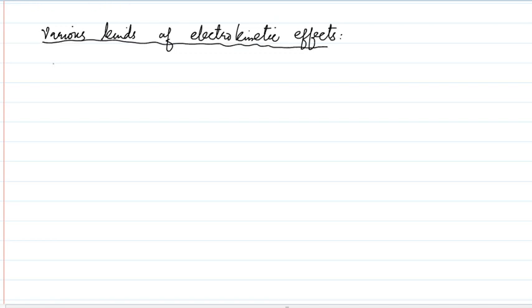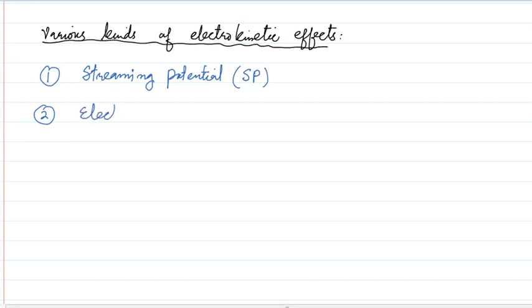One is called streaming potential, represented by the symbol SP. Second is called electro-osmosis, represented by EO.